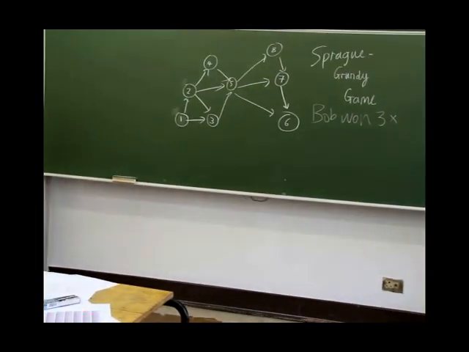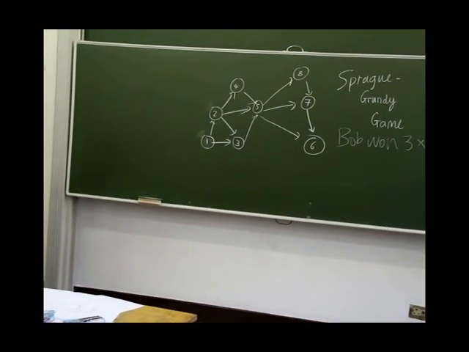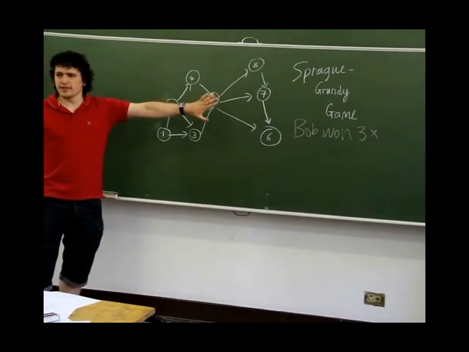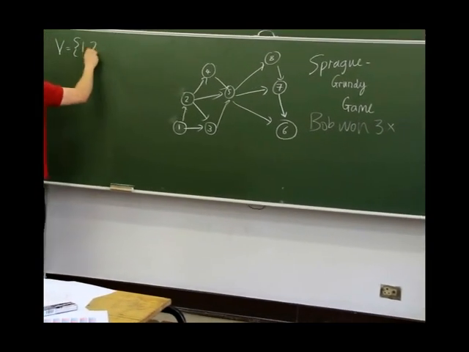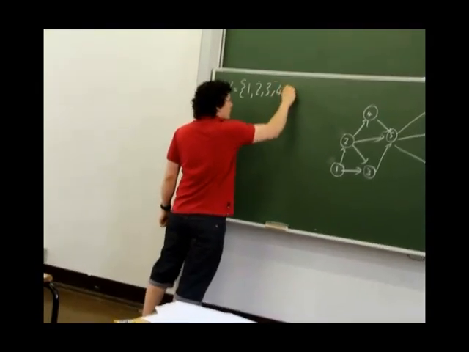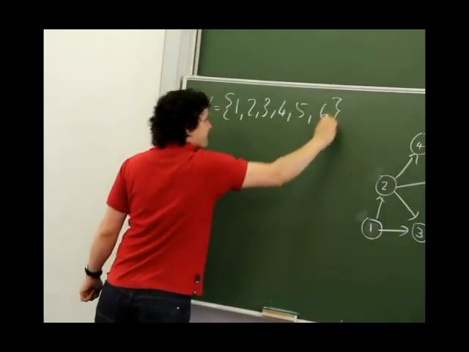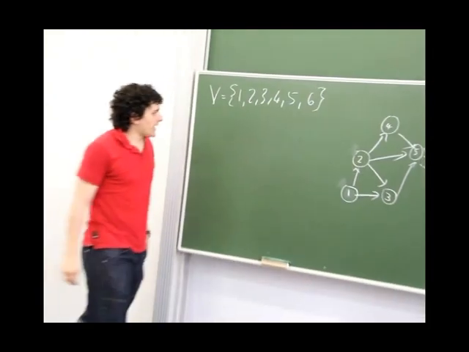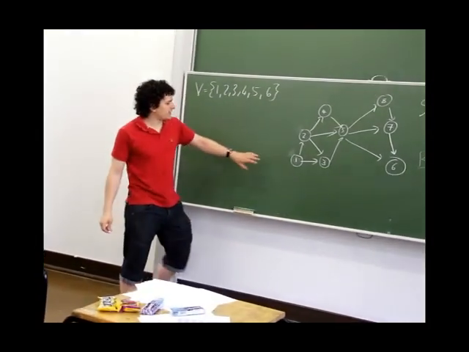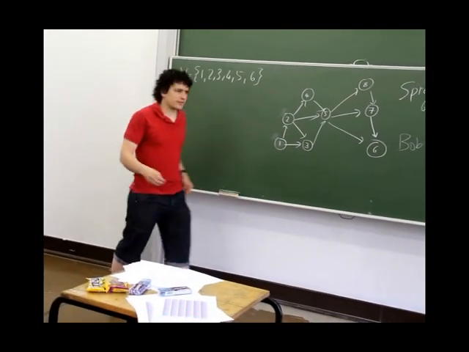The game I've got on the board has 6 vertices, so I would write its vertex set as 1 to 6. This game also has a function that maps each vertex to a set of other vertices.